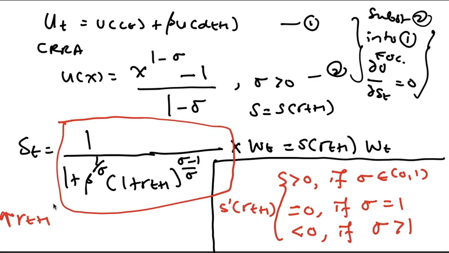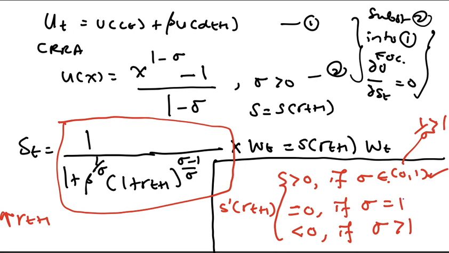So when sigma is between 0 and 1, like in the first case here, that is when the elasticity of intertemporal substitution, which is 1 over sigma, is above 1. Then the implication is that the substitution effect dominates and the saving rate increases following an increase in the interest rate.